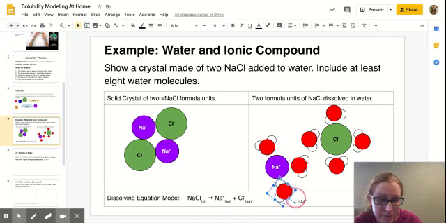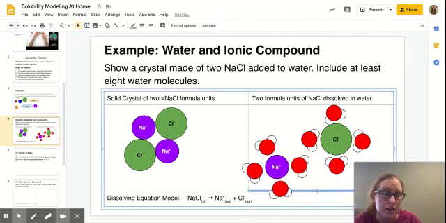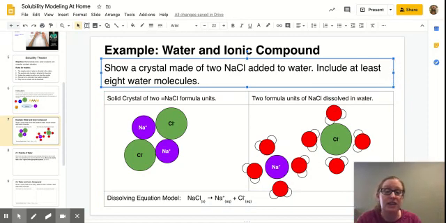And then copy and paste. And now I have drawn a full hydration shell around 2 ions, which is 1 formula unit. Technically, this says to do 2 formula units, but you get the idea.